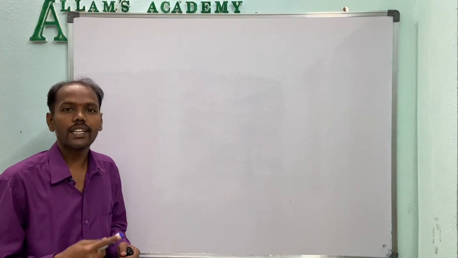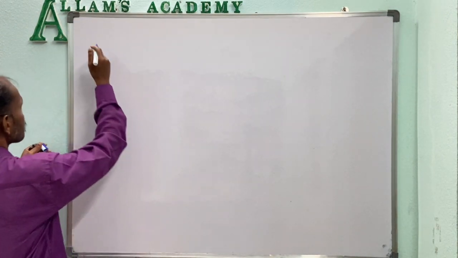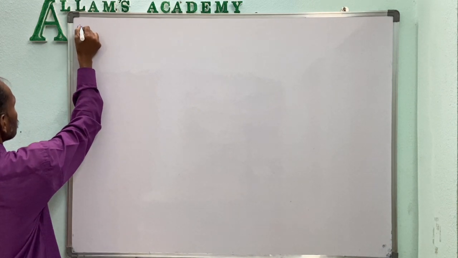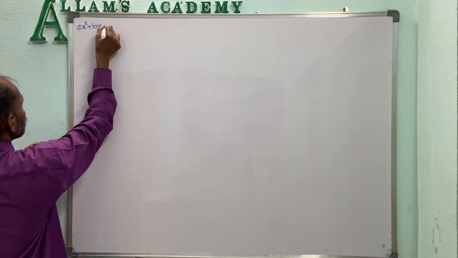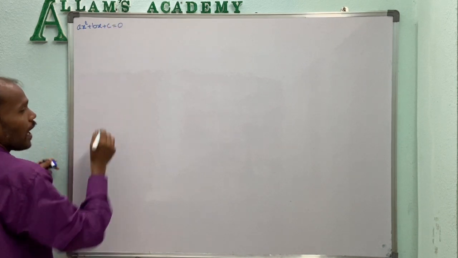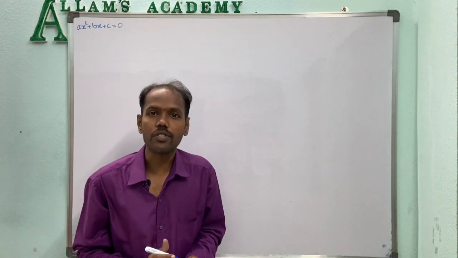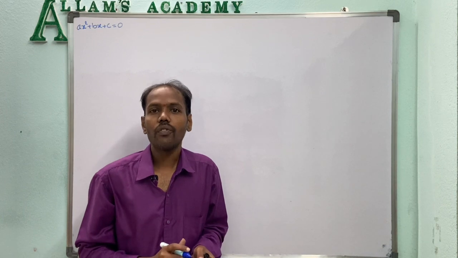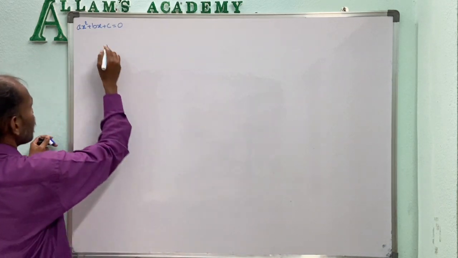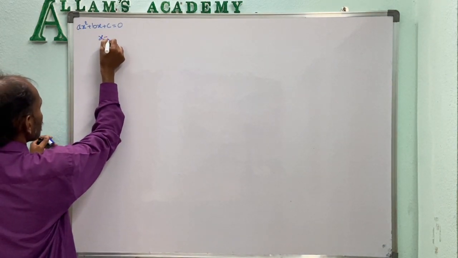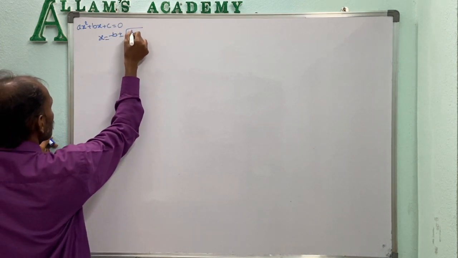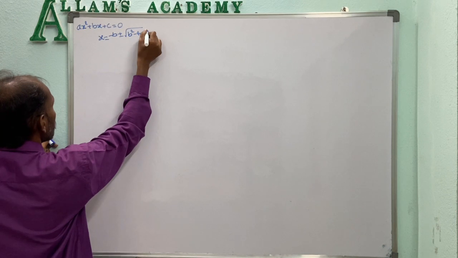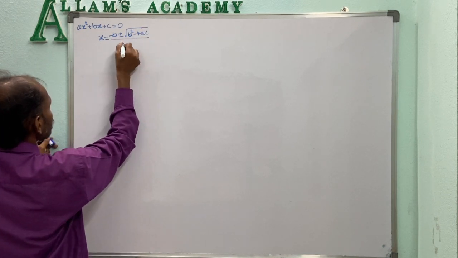For the quadratic equation ax square plus bx plus c equal to 0, finding the roots through the quadratic formula, the x value is minus b plus or minus under root b square minus 4ac by 2a.